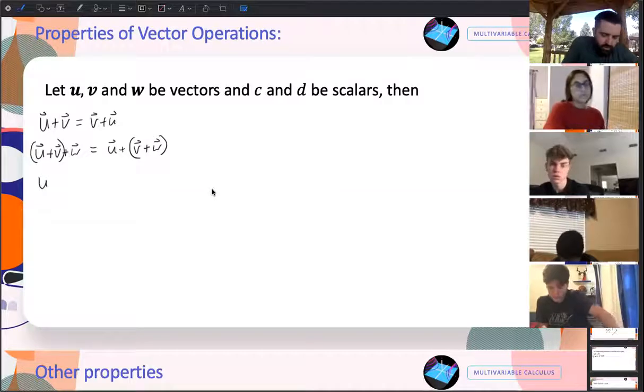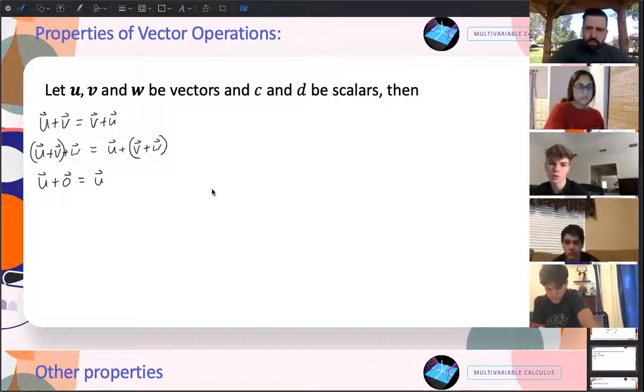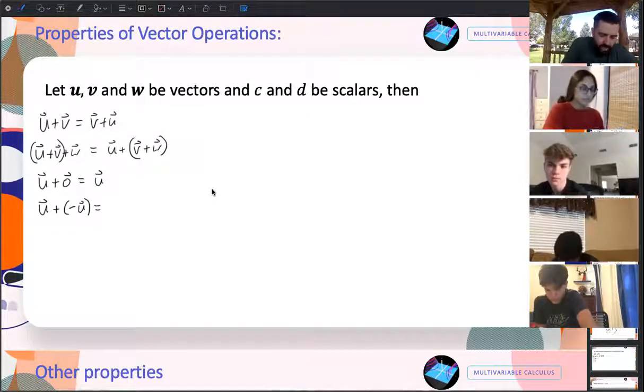Just like with arithmetic, u plus the 0 vector is just going to give you u. Adding the 0 vector doesn't do anything. And just like arithmetic, if I take vector u and add its negative, I will get the 0 vector.